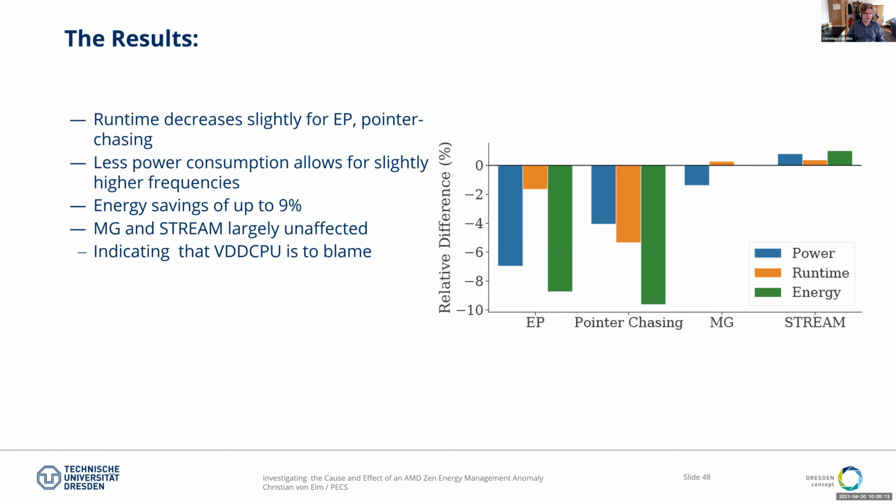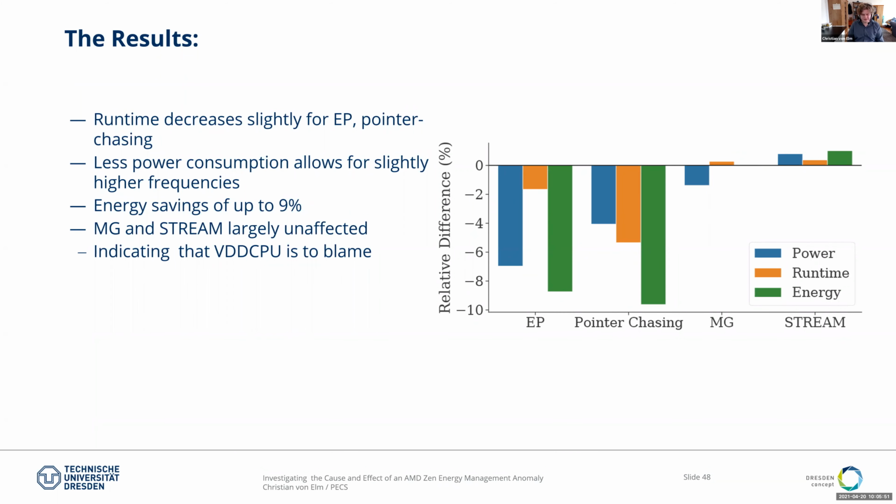The cross-core communication, the Infinity Fabric network on chip, and the memory run off a separate VDD I/O voltage, which is independent of VDD CPU. So if VDD CPU does strange things, as we have found out in our paper, then VDD I/O should generally not be affected by this.